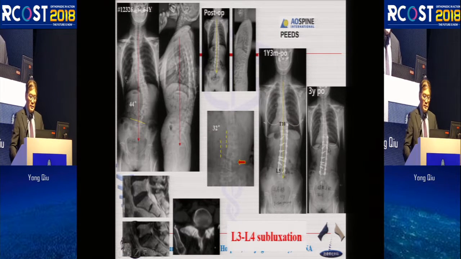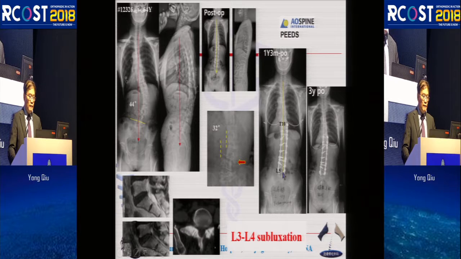So we stopped at L5, but at 3 years follow-up, you can see little by little imbalance in the coronal plane. So in this patient, the main reason I think is related to L3, L4 subluxation.